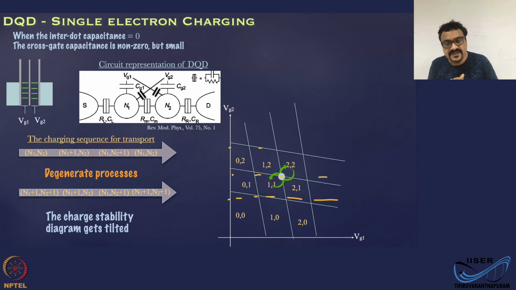So what that means is, this perfectly horizontal or vertical looking array of charge degeneracy points is going to get slightly tilted, because now the charge degeneracy point of dot 1 is affected by the variation of the gate on dot 2, and dot 2 by the variation of the gate on dot 1.